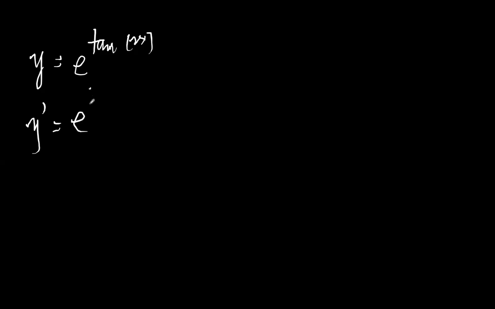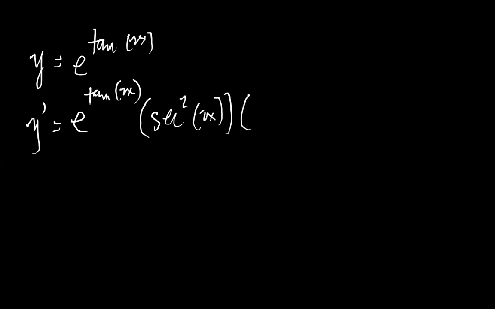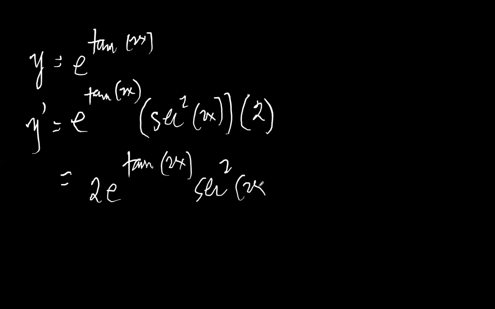So we have e raised to tangent 2x, and let's differentiate tangent 2x. The derivative of tangent 2x is secant square 2x. Since we have 2x here, differentiate 2x, that's 2. So we have 2e raised to tangent 2x secant square 2x. Final answer.